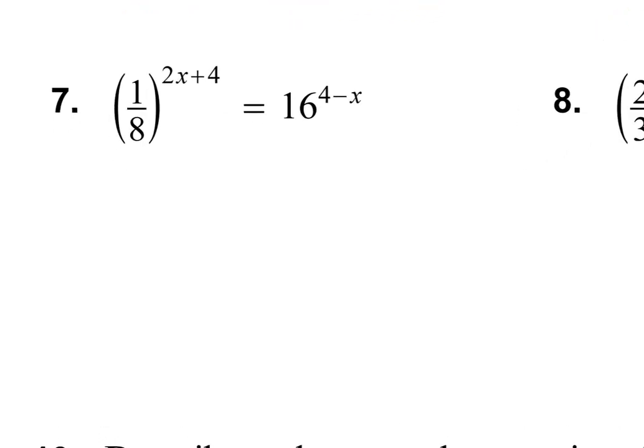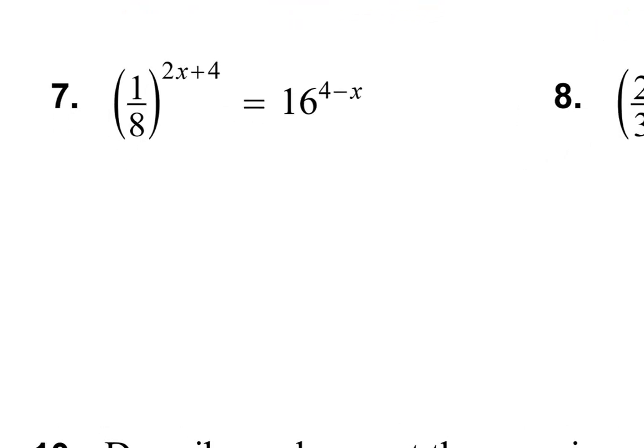So let's zoom in here. 8 can be rewritten as 8 to the -1 power. And that can be rewritten as 2 cubed to the -1 power. And that's really 2 to the -3 power. And then all along, outside of those red parentheses, was 2x plus 4.